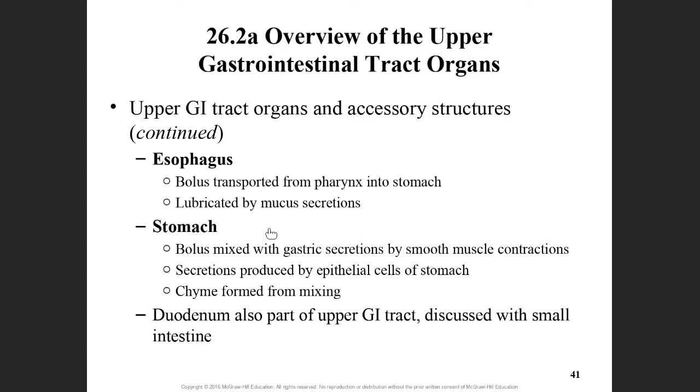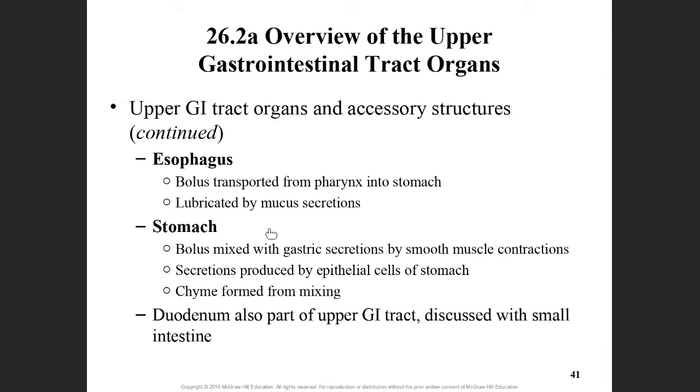The next part is the stomach. The bolus is mixed with the gastric secretion as the muscularis in the stomach starts to contract. These secretions are released into the stomach lumen by the epithelial cells of the stomach. We have secretion of mucus, we have secretion of acid, and we have secretion of digestive enzymes.